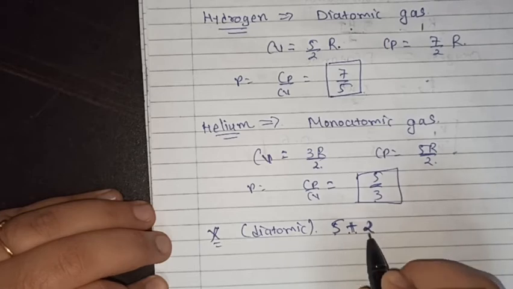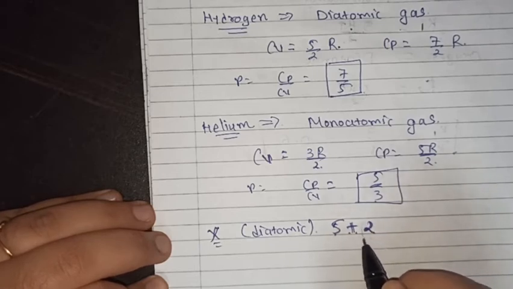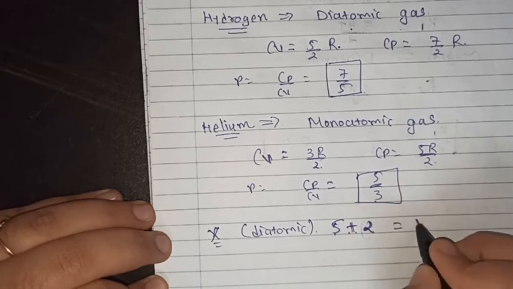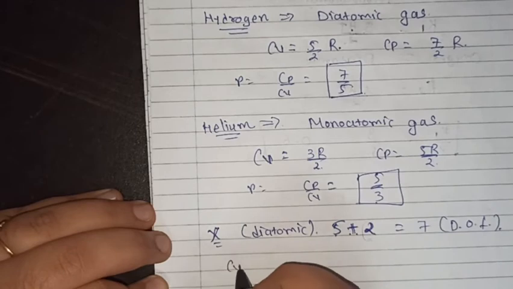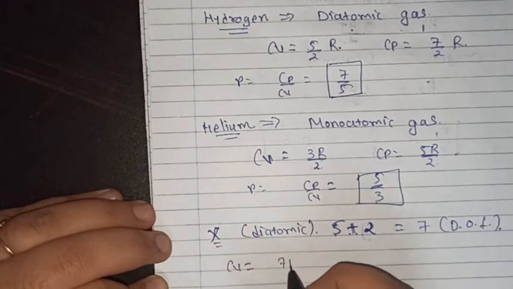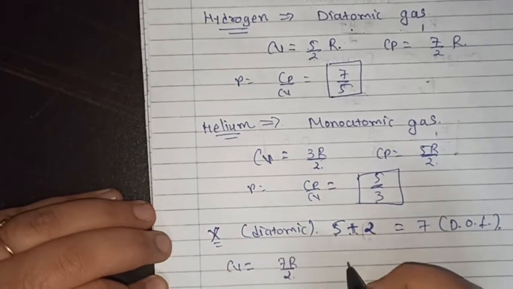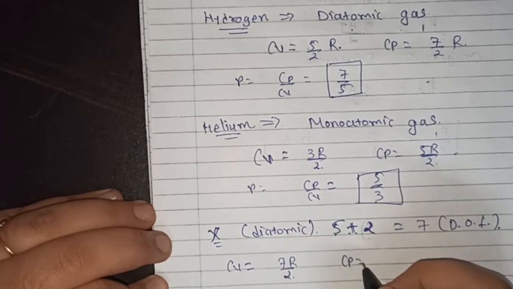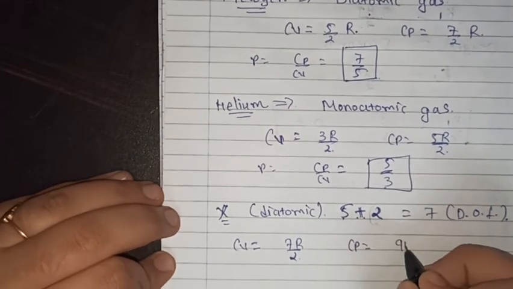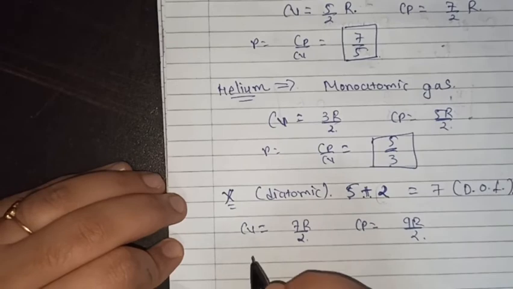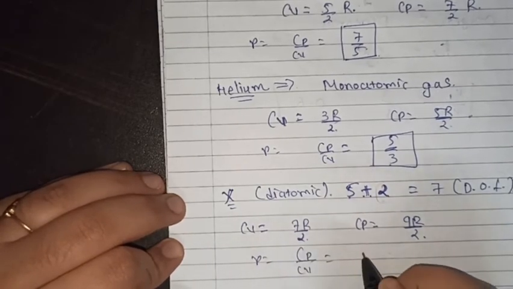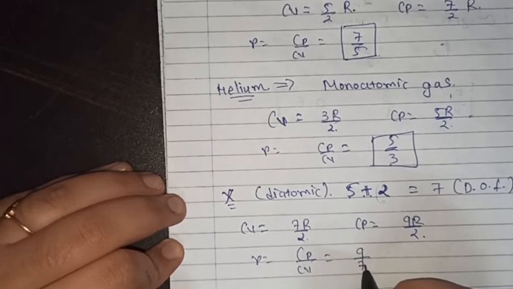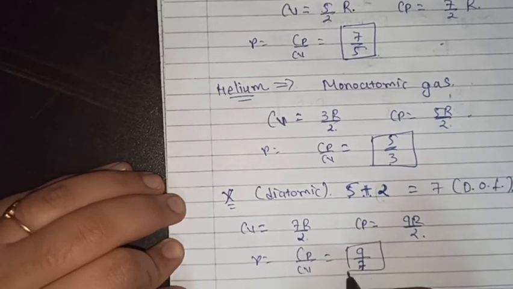We have learned that for vibrational mode 2 degrees of freedom are considered, so total degrees of freedom will be 7. So Cv can be written as 7R by 2. Cp is Cv plus R, that will be 9R by 2, and gamma is Cp by Cv, that will be equal to 9 by 7.